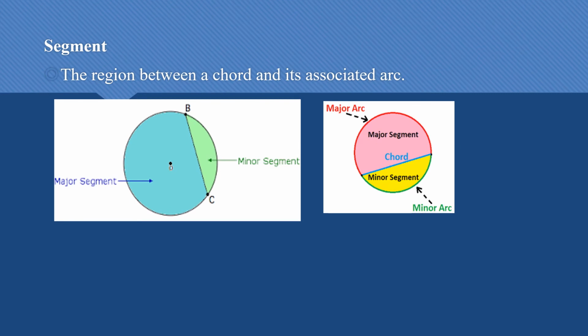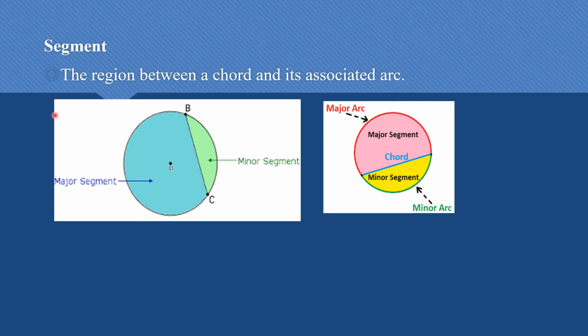In class 9, we will see 2 new terms of a circle. The first one is called a segment, the other one is a sector. So, what is a segment? The region between a chord and its associated arc is called a segment.